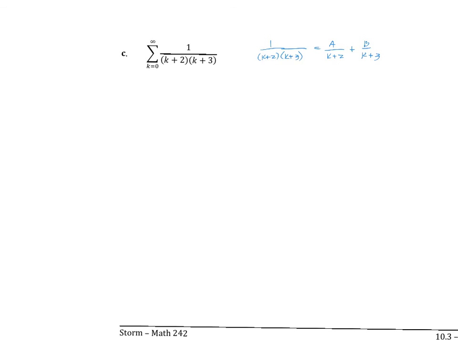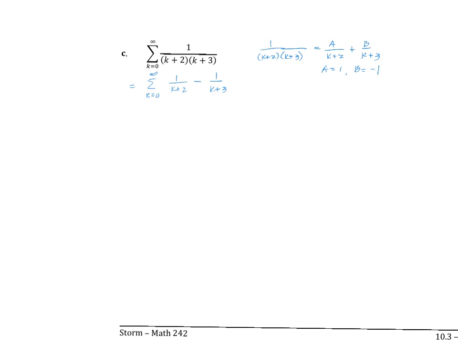When I do the algebra, I get a equal to 1 and b equal to negative 1, which gives me this subtraction. I get the infinite series from 0 to infinity of 1 over k plus 2 minus 1 over k plus 3, because b is negative 1.